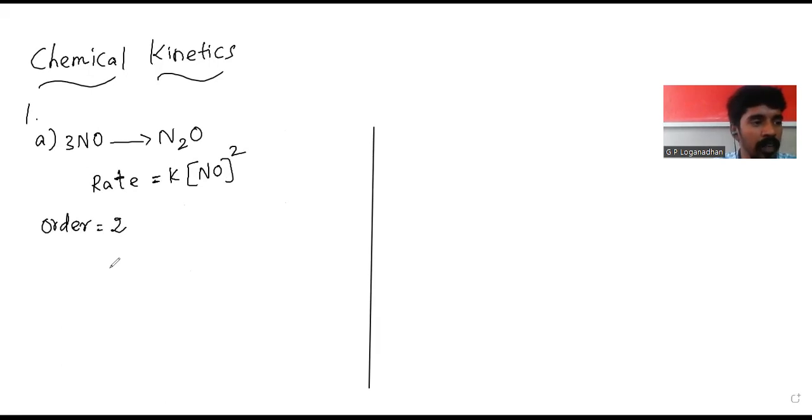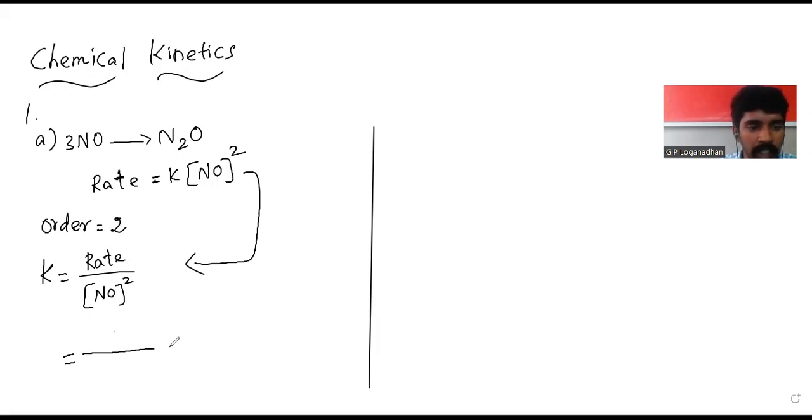We also have to find the dimensions of the rate constant. The rate constant is this K. If this is the rate of the reaction, then from this you can write K equals the rate of the reaction divided by concentration of NO to the power 2. So you have to find the dimension. What is the dimension of the rate of the reaction?